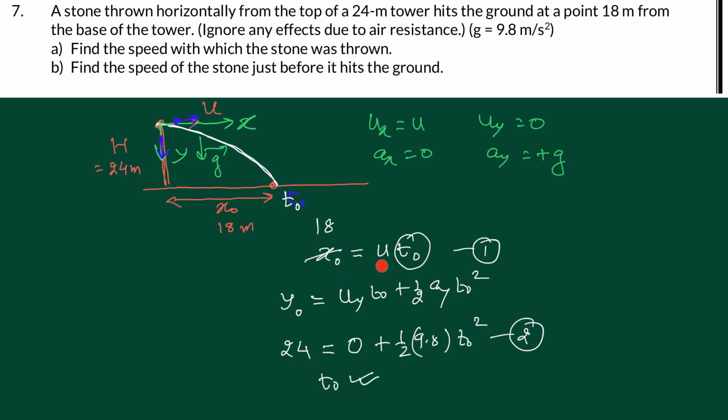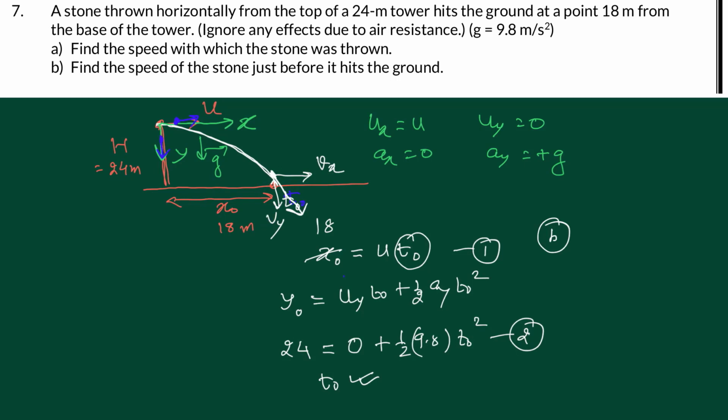And for part B, what method will we follow? At B, to find speed, let us first find the x component and y component of velocity.